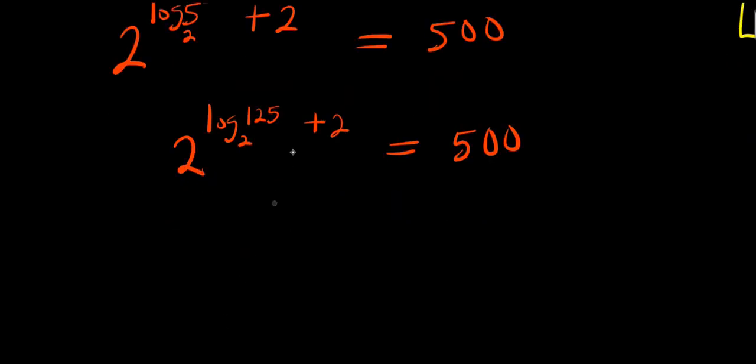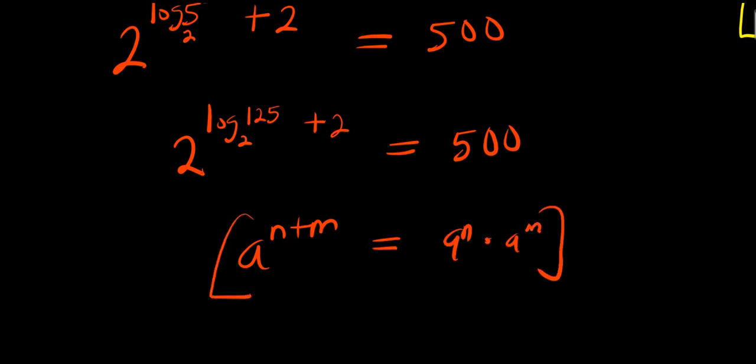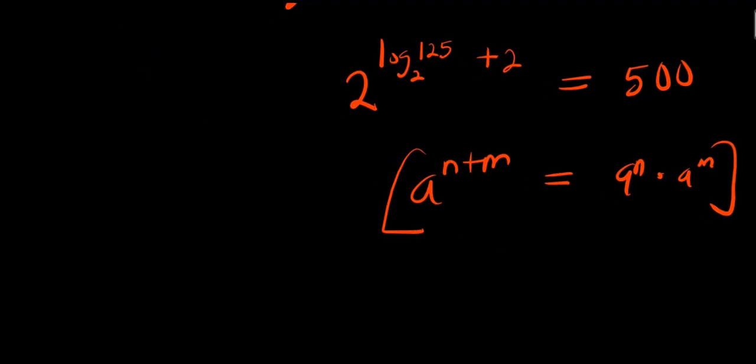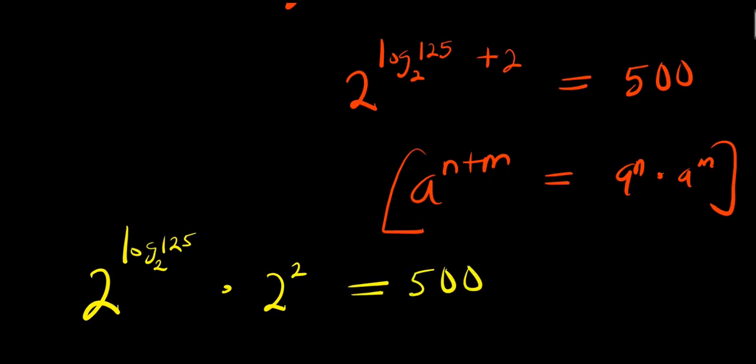Now, if you have a power m plus n equals a power m times a power n, meaning that we are simply going to have 2 power log 125 to the base of 2 times 2 power 2 equals 500.